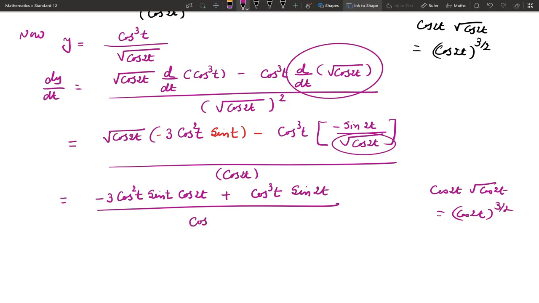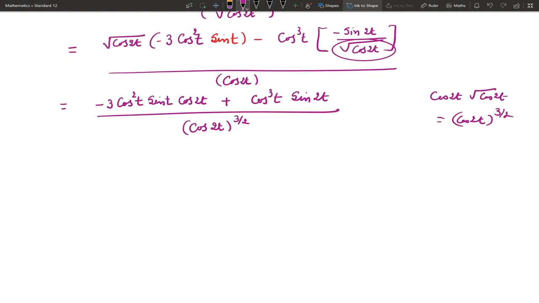So this is cos 2t raised to 3 by 2. So this is dy by dt: minus 3 cos square t sin t into cos 2t plus sin 2t into cos cube t.